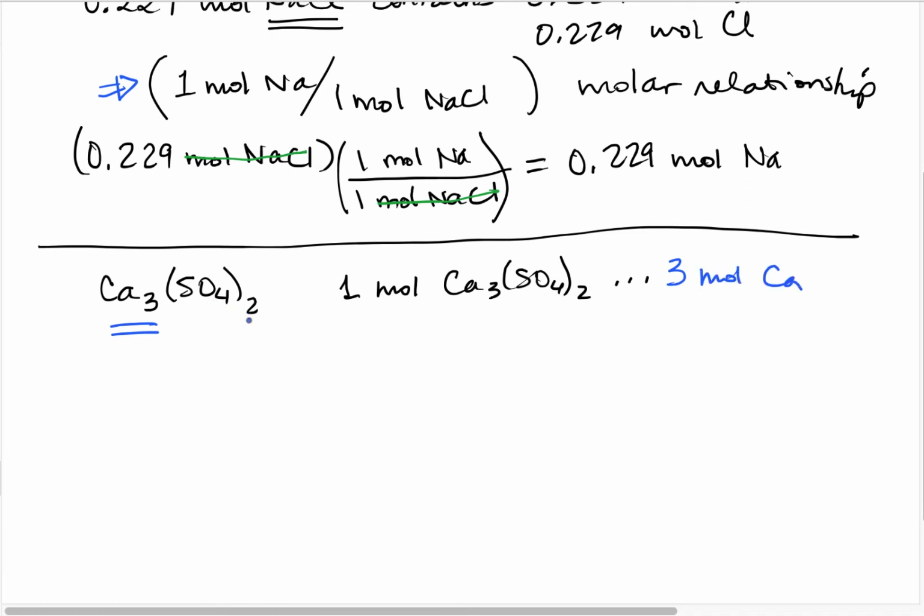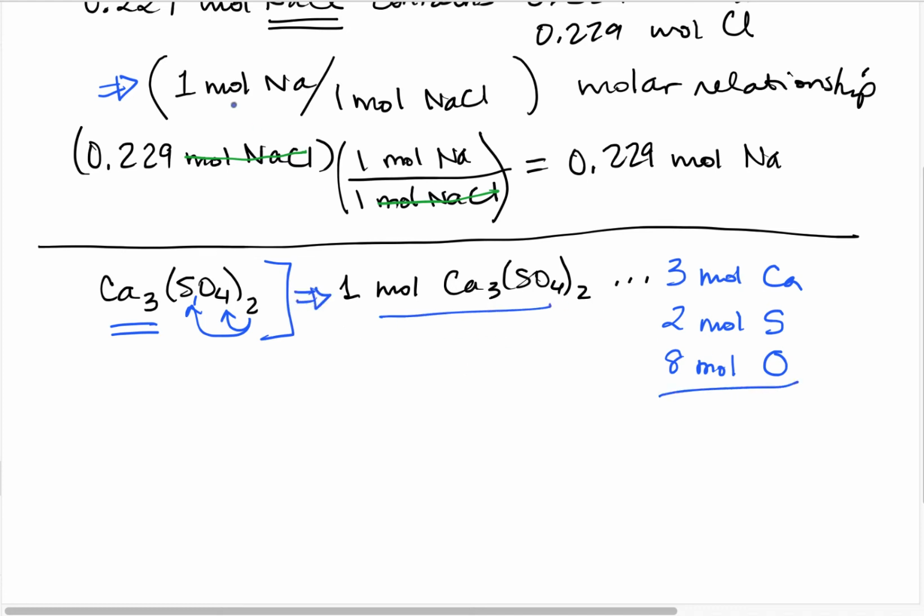We have to distribute this 2, so 1 times 2 would be 2 moles of sulfur, and 2 times 4 would be 8 moles of oxygen.